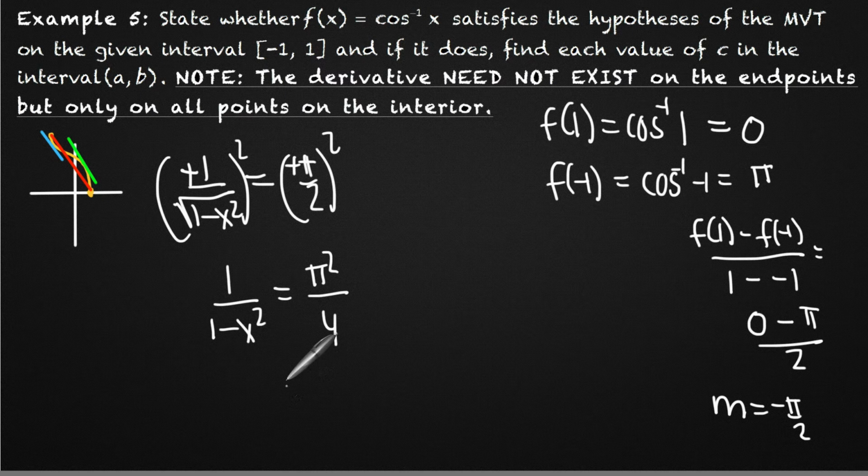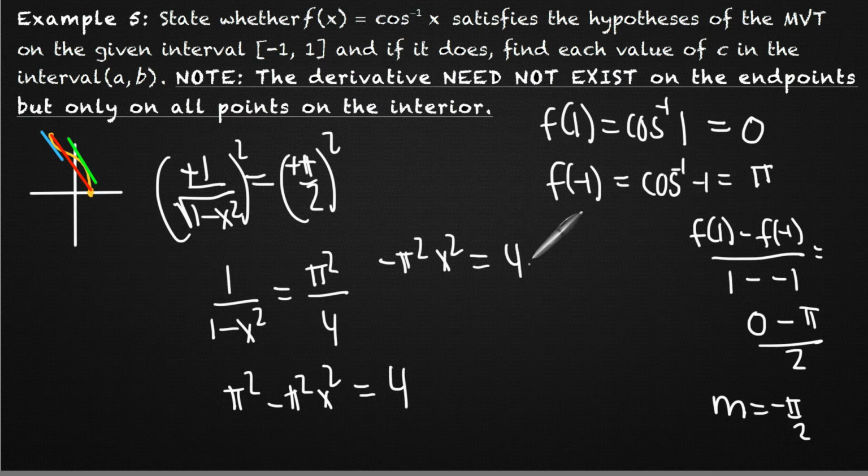I'm going to cross multiply here. And it's going to give me pi squared minus pi squared x squared equals 4. And then I'm going to move the pi squared over, so I'm going to have negative pi squared x squared equals 4 minus pi squared. And then I'm going to divide both sides by negative pi squared.